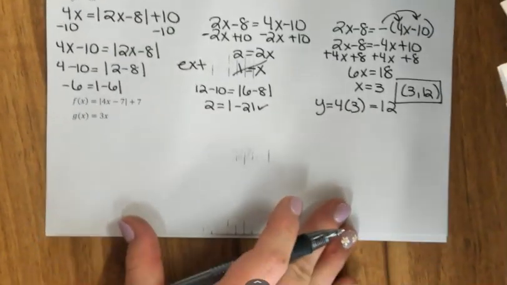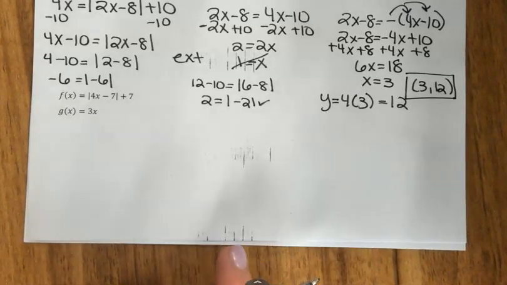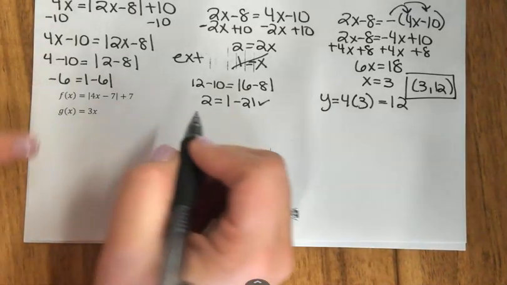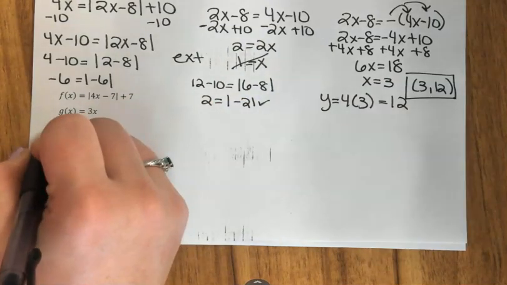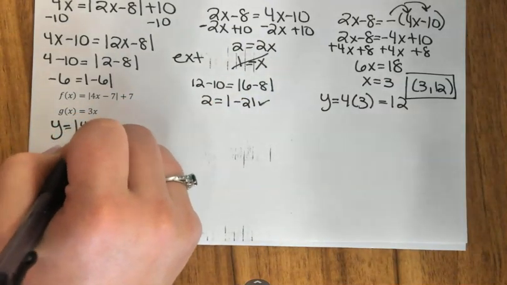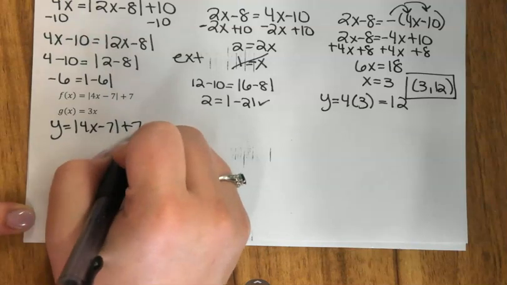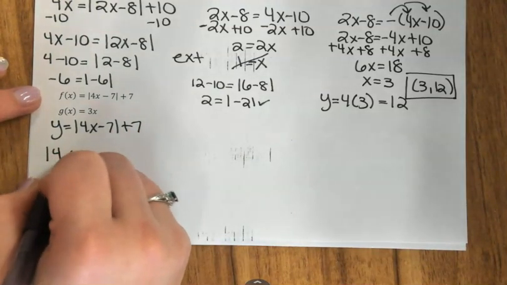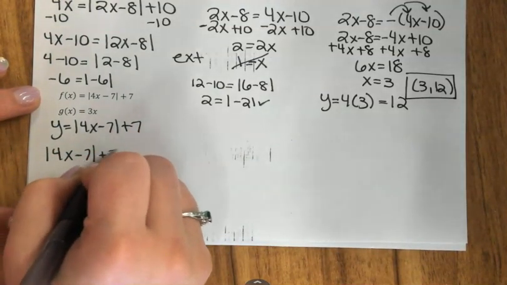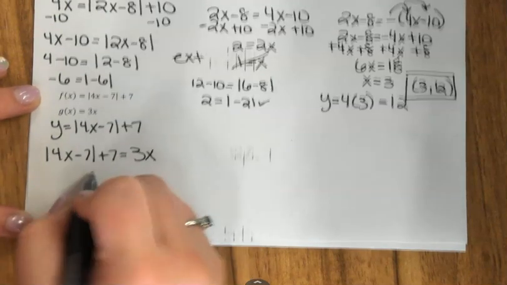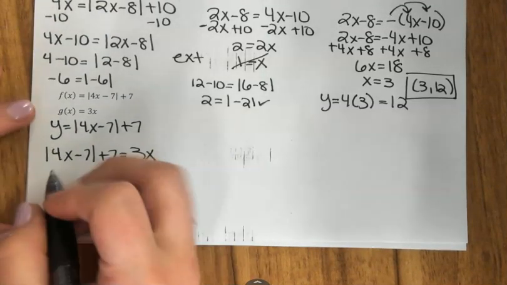Okay, one final example. Again, I'm first going to rewrite this in y equals notation. And now I can set these equal to each other. Need to get my absolute value by itself.